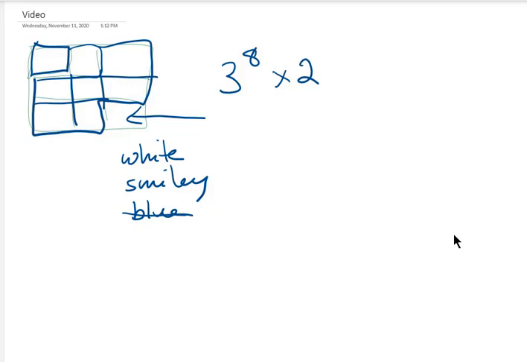Another way people did it was to start by thinking about where the player could be. The player can be in any of 9 spots, and every other spot is either blue or white.